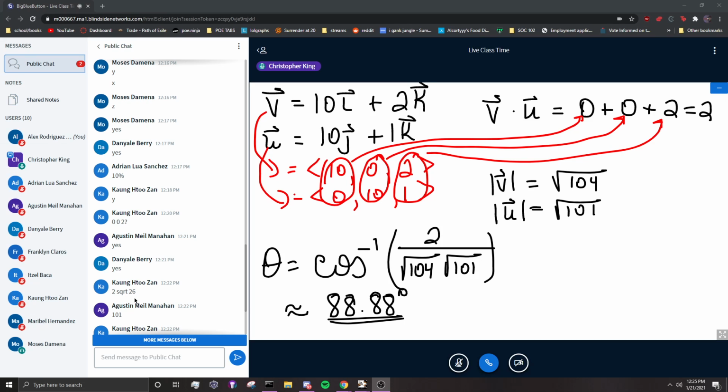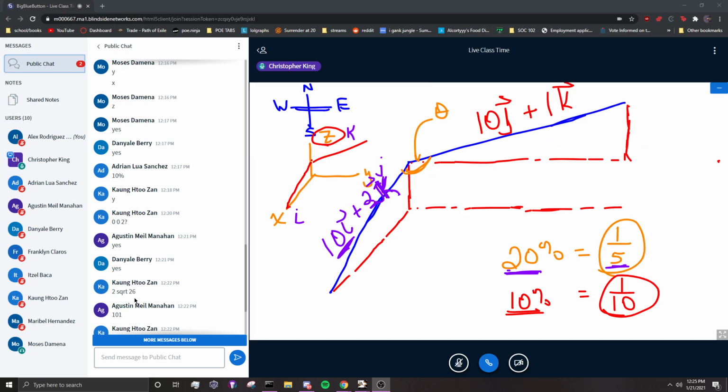Now for this particular problem, let me go back to the last slide. Like I said, for this vector right here, I could have written it in the simplest form, which could have been 5 in i plus 1 in the k. I could write it in that form and it would have been fine.